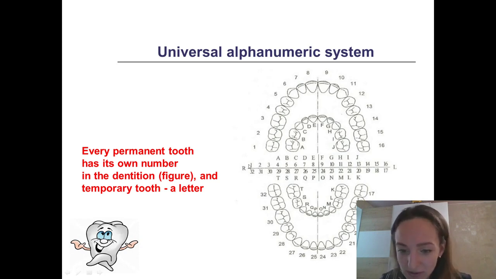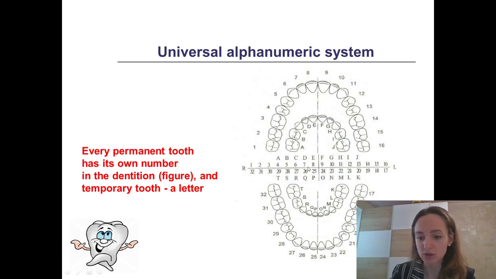We have only numbers from 1 to 16, and 32. Okay. If you have some questions, in practical lessons we will speak about the dental formula in more detail.